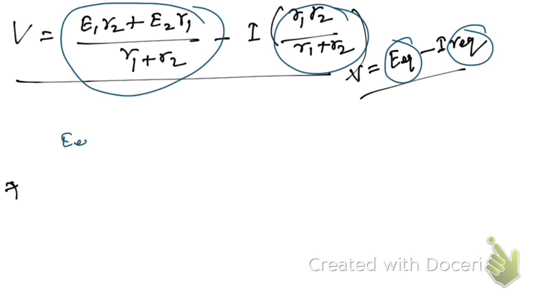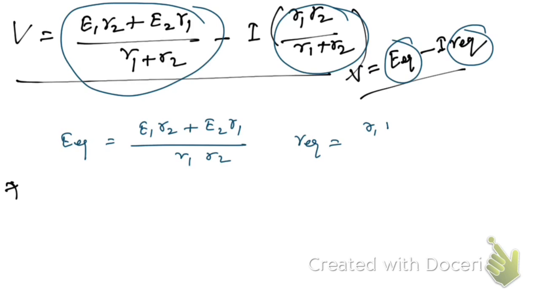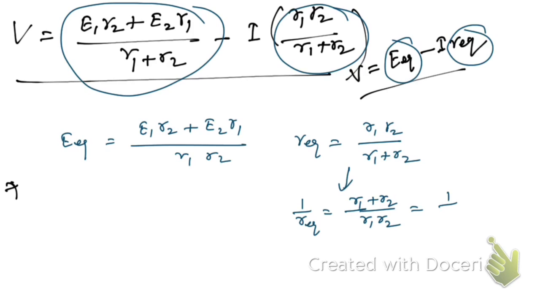Then E equivalent will be equal to (E1 R2 plus E2 R1) by (R1 plus R2), and R equivalent will be equal to R1 R2 by (R1 plus R2), right? And similarly this one can be written this way also. 1 by R equivalent is equal to (R1 plus R2) by R1 into R2, which is equal to 1 by R1 plus 1 by R2, right? That's what we will get.